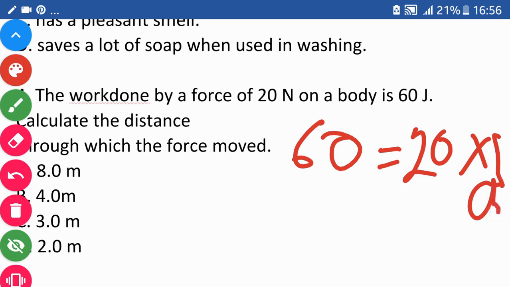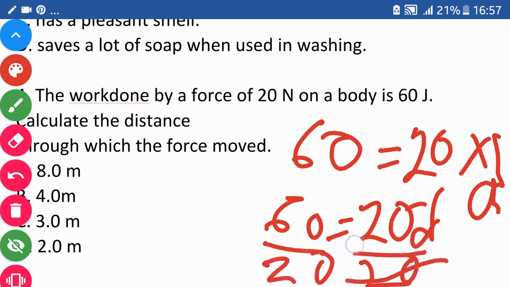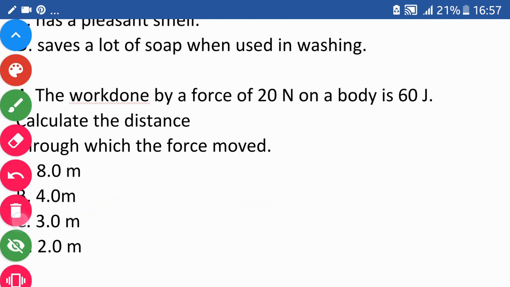So you're going to have 60 equals 20d. So you divide both sides by 20. 20 over 20 cancels, and you're going to have 20 here, 1, and 20 here, 3. So the answer is going to be 3 meters. So answer is C, 3 meters.